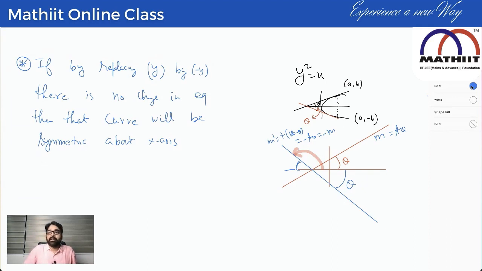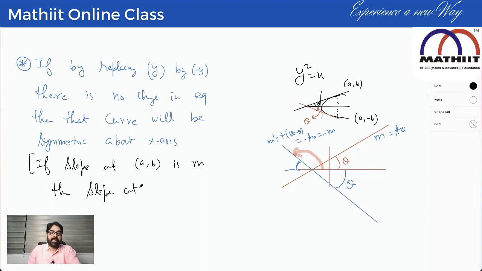Did you understand the point? How I am writing it, please confirm everybody. Is this point clear to everybody? Everyone please confirm. If the slope at a comma b is m, then the slope at a comma minus b will be minus m.